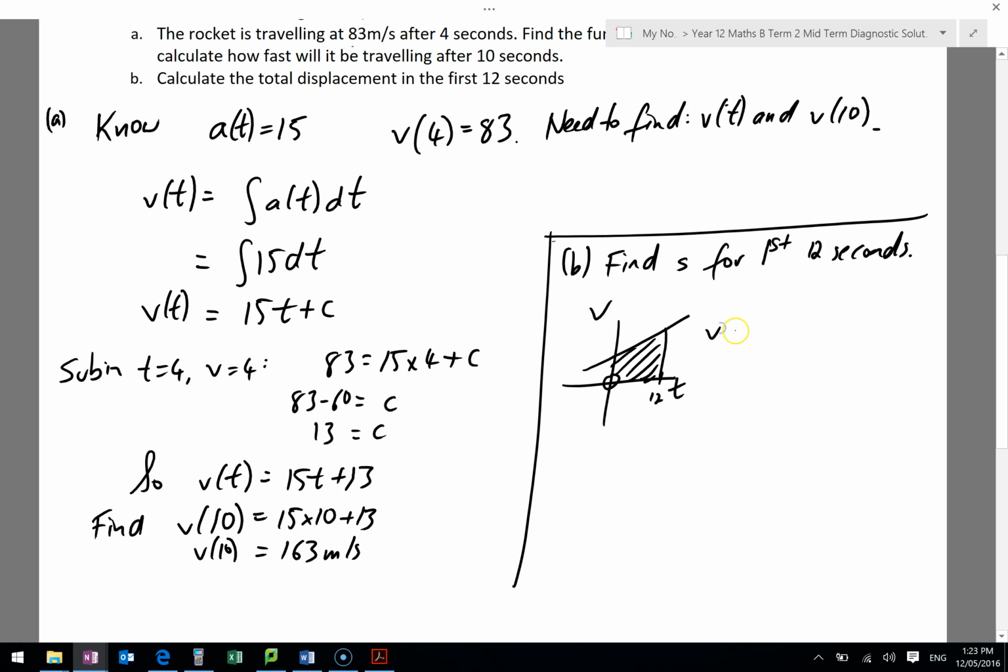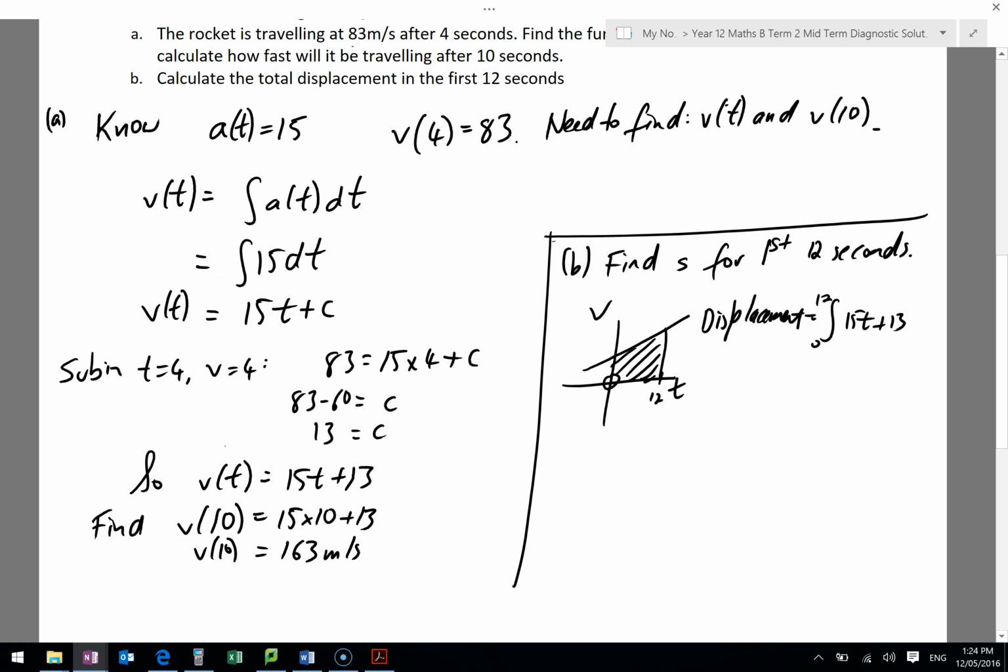So displacement, and this isn't the displacement function, this is just the displacement that we're calculating. It will be the integration from 0 to 12 of 15t, and I don't need to write the plus c, correction, plus 13. Here's my velocity function.